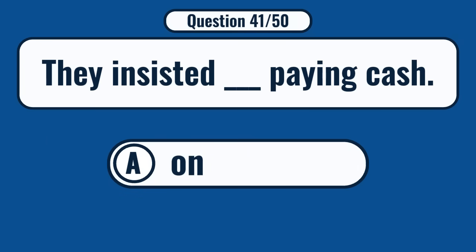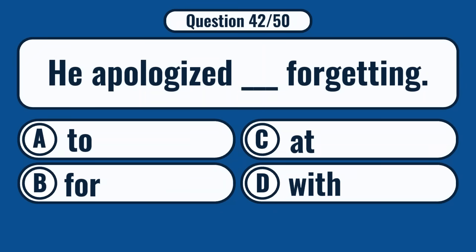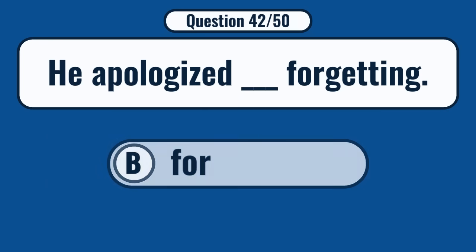Answer A. They insisted on paying cash. He apologized for getting. Answer B. He apologized for forgetting.